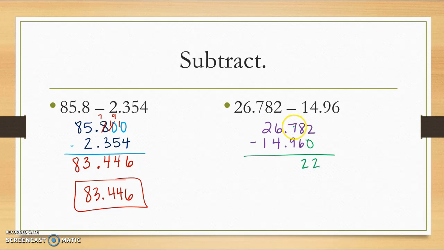We can't do 7 minus 9, so this 6 becomes a 5, and that 7 becomes a 17. So 17 minus 9 gives us 8. We want to drop down our decimal. 5 minus 4 is 1, and 2 minus 1 is 1. So our answer here is 11 and 822 thousandths.